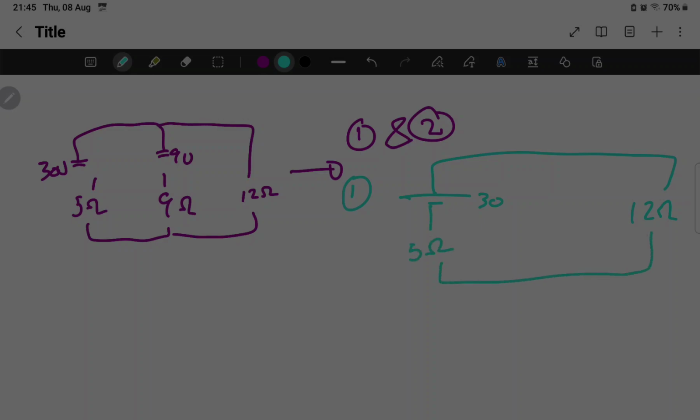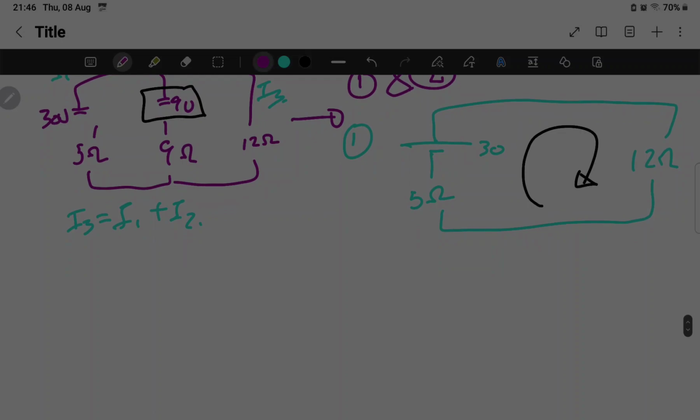Pretty straightforward, right? So over here we have our I1, and over here we have our I2, and over here we have our I3, and we know that I3 is equal to I1 plus I2, right? So now we're going to focus on the circuit, and we're going to remove the 9 volts for now.